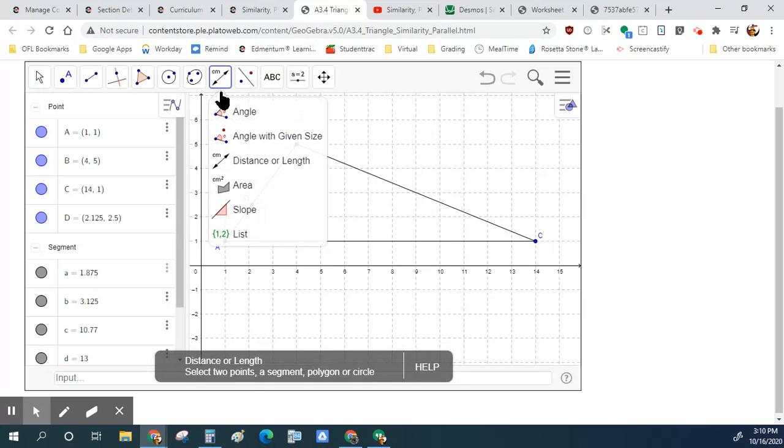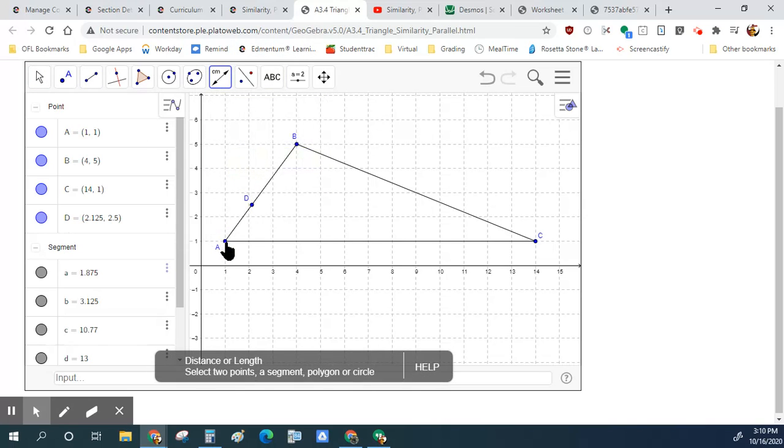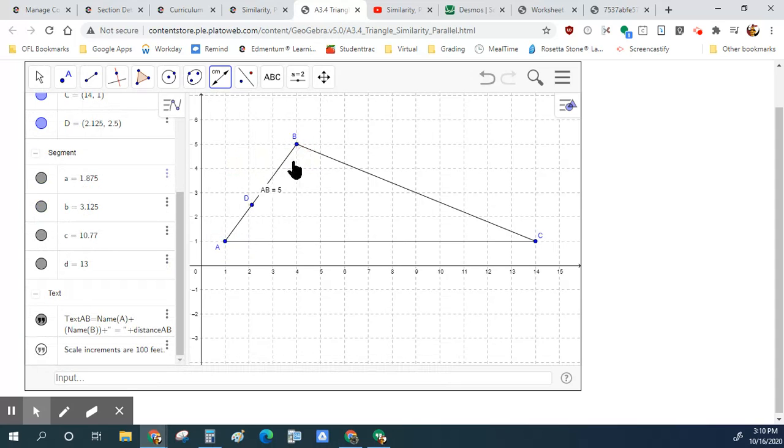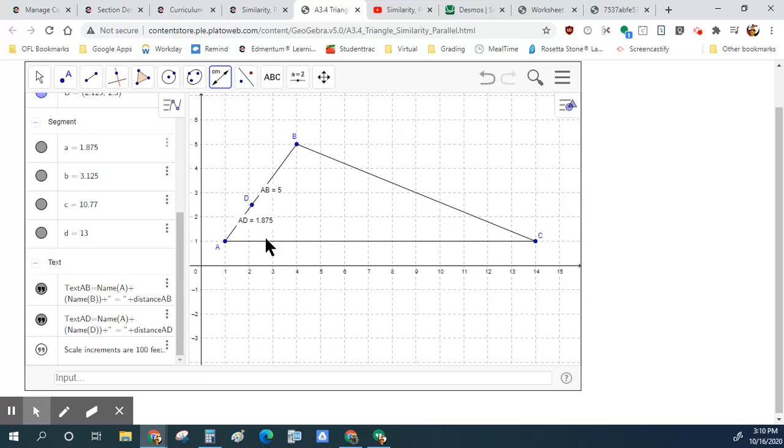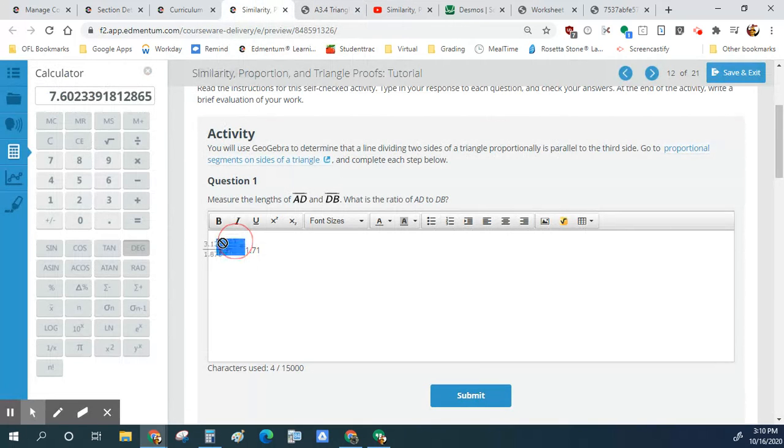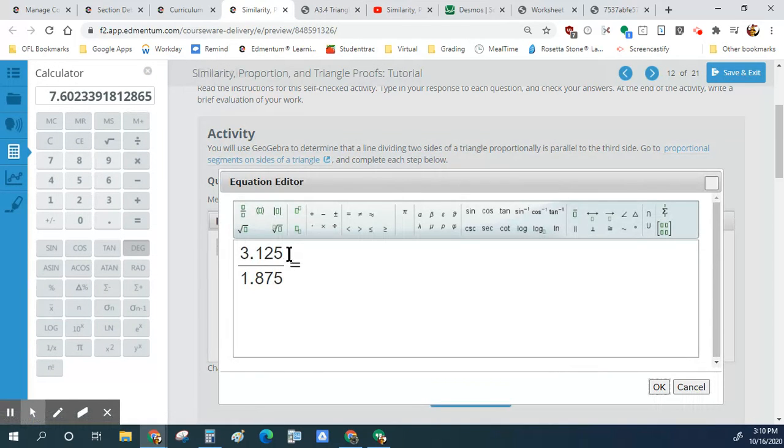So what I'm going to do here is measure the big side, that's 5, and then measure the small side, which is 1.875. So this is essentially retaking this idea here, making that 5.